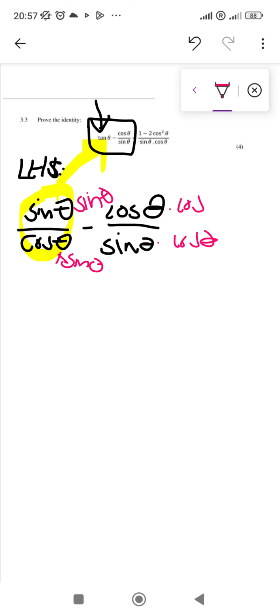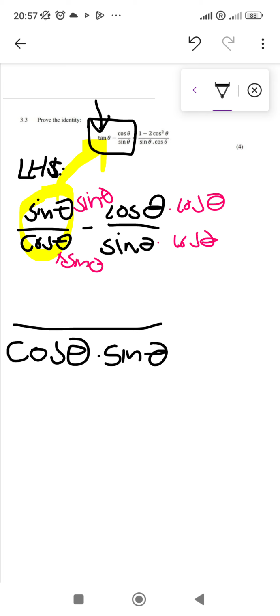So we multiplied with opposite denominators to get our denominators the same, to find our lowest common denominator. Now the denominator is cos theta times sine theta, and the numerator is sine times sine, which is sine squared theta. Your second fraction's numerator is cos times cos, which is cos squared theta.